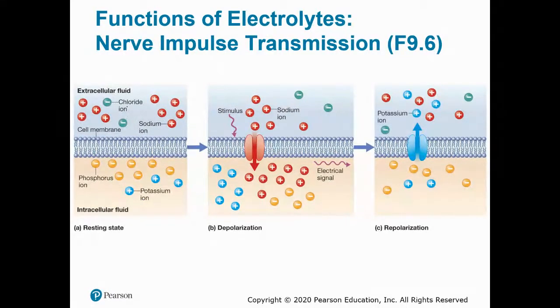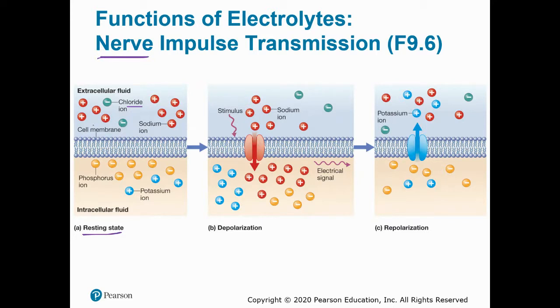So let's take a look. We will also see chloride, though, often assisting in nerve impulse transmission. So at the resting state, and I don't necessarily need you to memorize any of this for our purposes, but it can be helpful to just understand it a little more deeply so that you'll hopefully remember that these electrolytes are supporting this whole electrical impulse that is communication of neurons in our bodies.